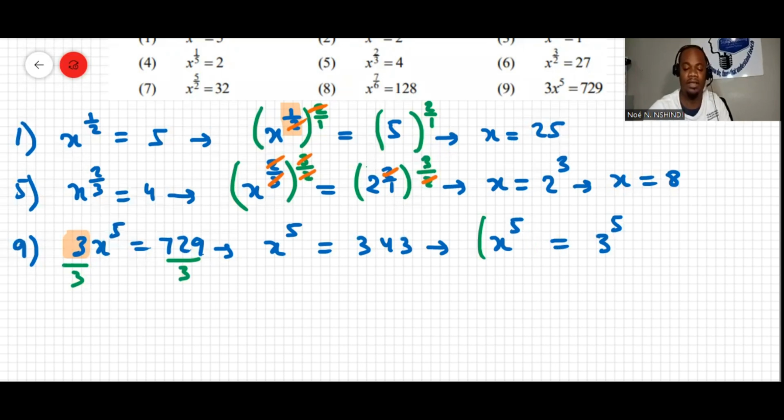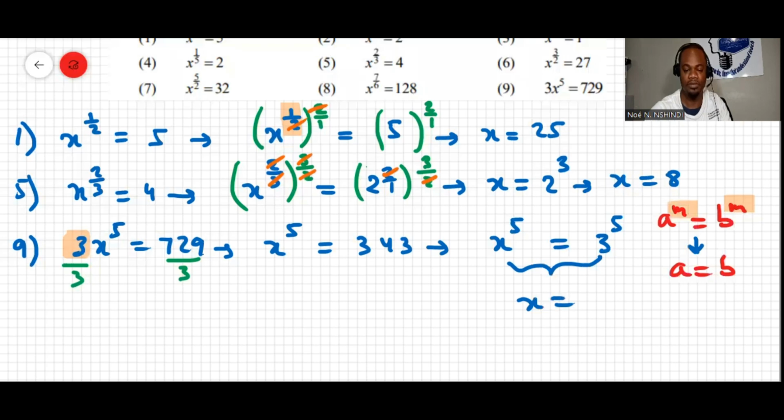I can just apply this method: if we have a to the m equal to b to the m, when the exponents are common like this, it means that the bases are equal also. So it simply means that x is equal to 3.